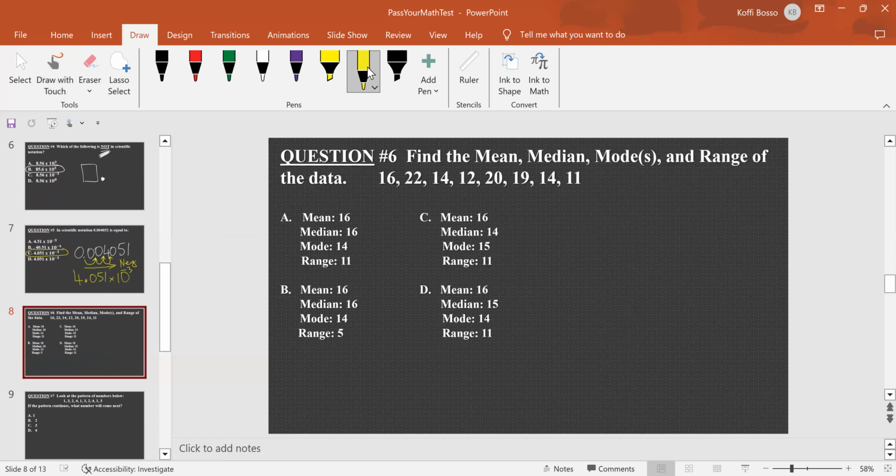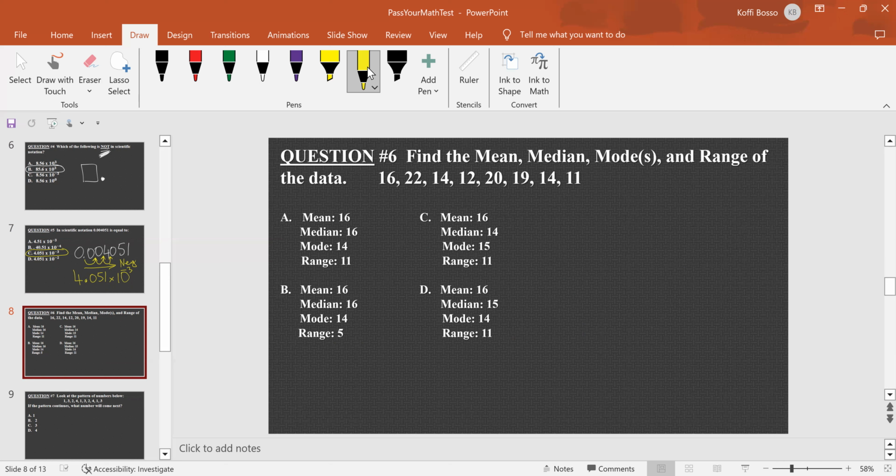We continue. This time we have a statistics question. Find the mean, median, mode, and the range of the data. So you have 16, 22, 14, 12, 20, 19, 14, 11. The first question is to find the mean.